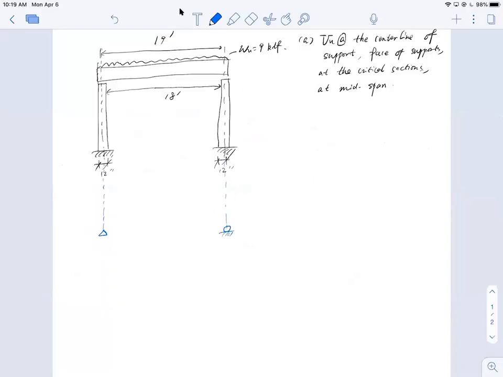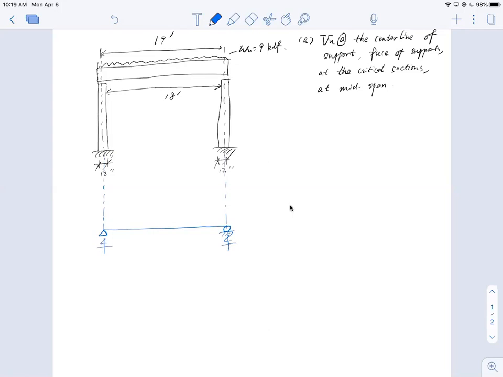So the simplified beam, let me put it here so I can see it better. The center line gives me a simply supported beam and a simplified drawing as that. So this is my reaction force, and this is my reaction force.